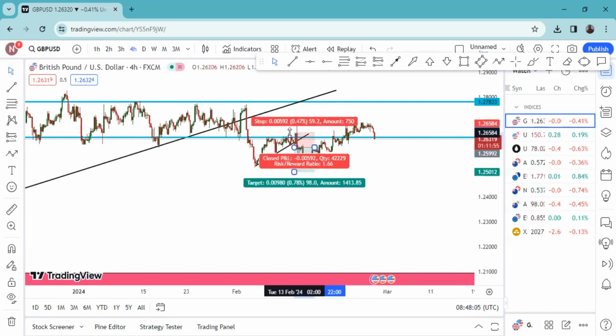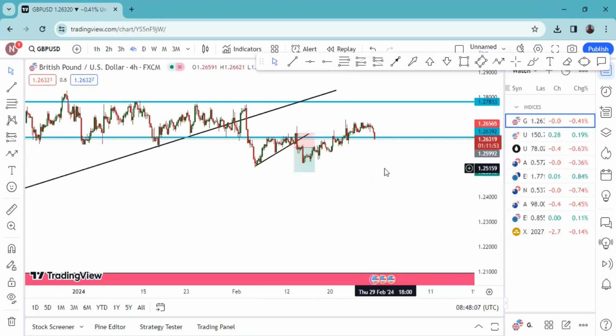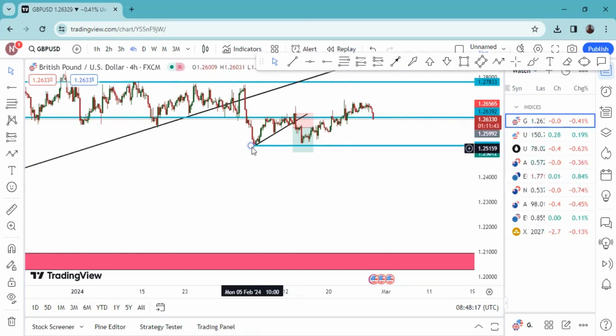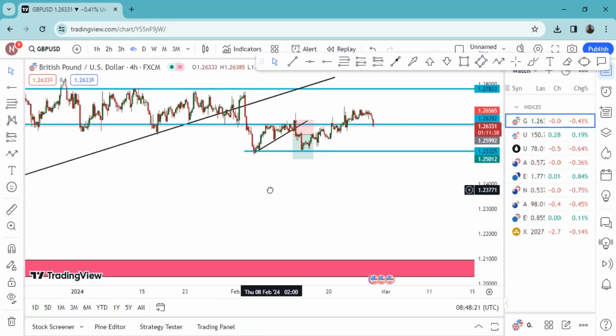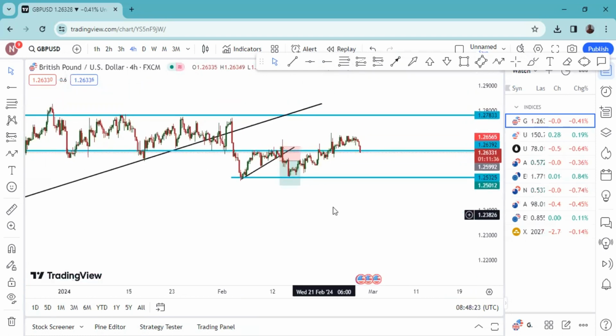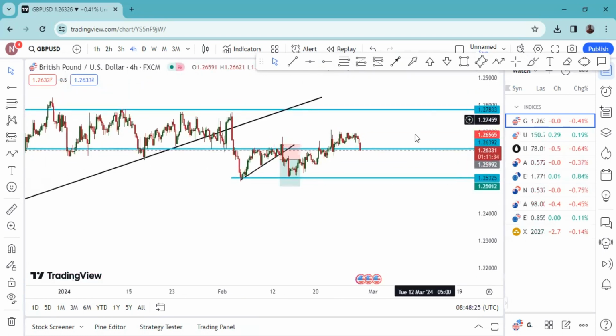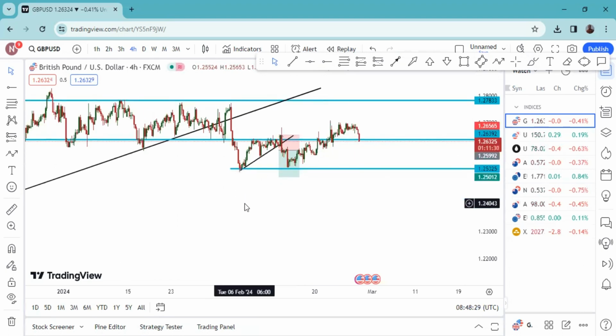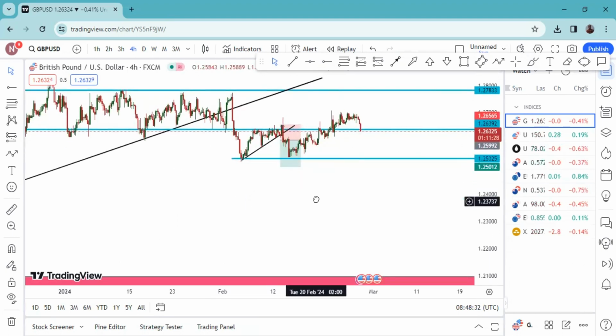My stop loss was somewhere above here, and my first TP, as usual guys, is at the 100% level. At this place is where I usually take my first TP. The market came straight to my TP, and I took 50% of my profit.